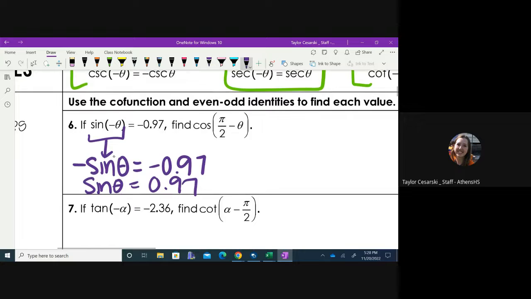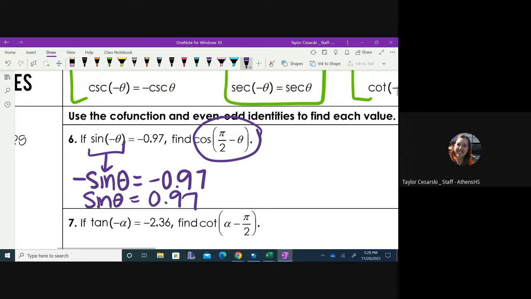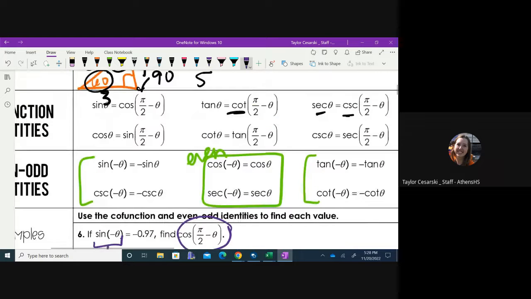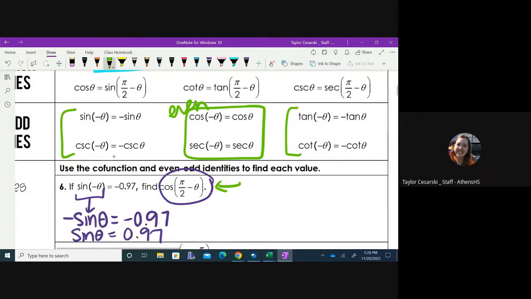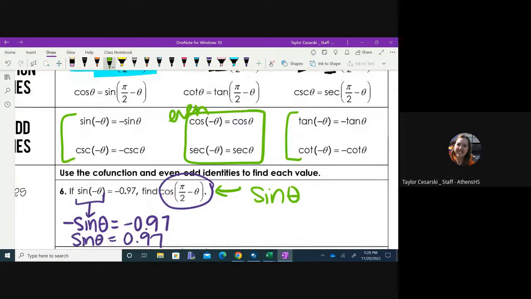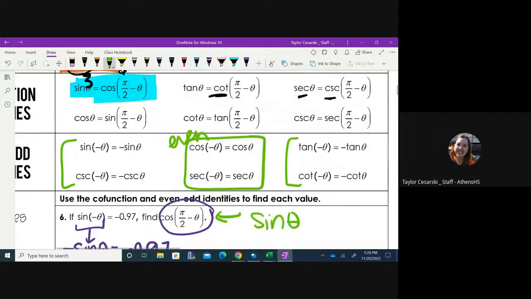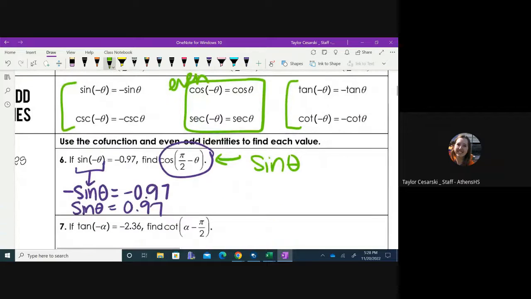Then I see this weird thing going on here, cosine of pi over 2 minus theta. Looking up here, that's just a fancy way of using your cofunction identities to say sine of theta. This is sine of theta, and that's something you just have to recognize. So what is sine of theta? It's 0.97.